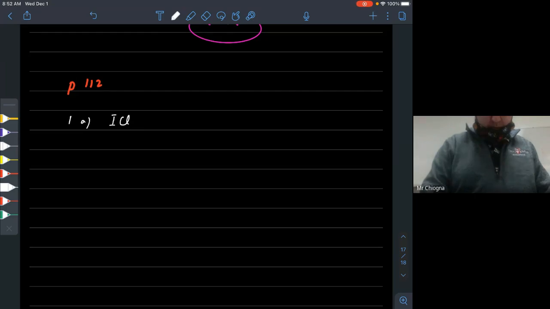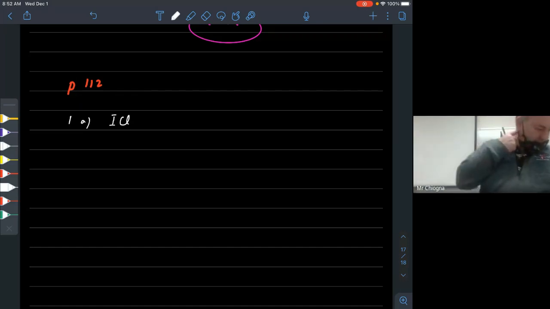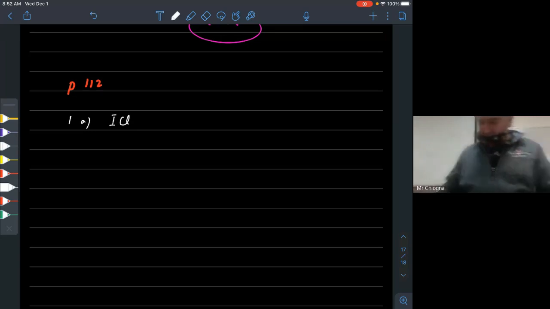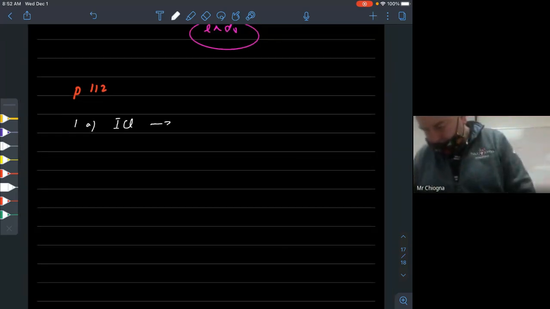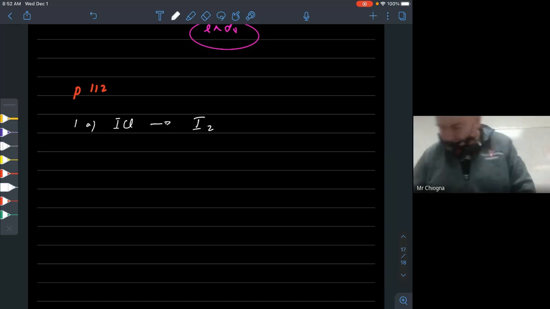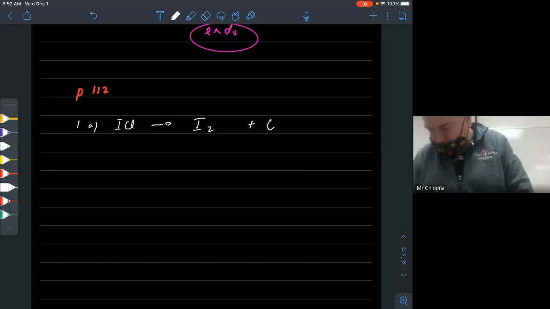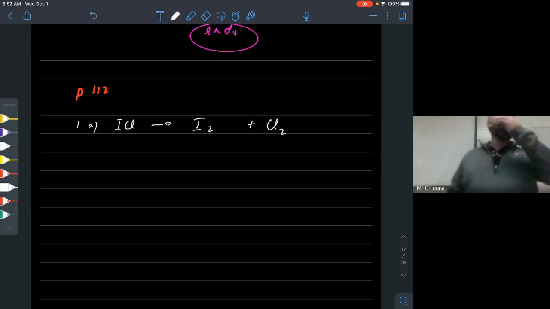Second, guys. Okay, so it's exposed to heat and it forms 2 gases. Iodine and chlorine. Look what I just did. Those 2 elements are diatomic.